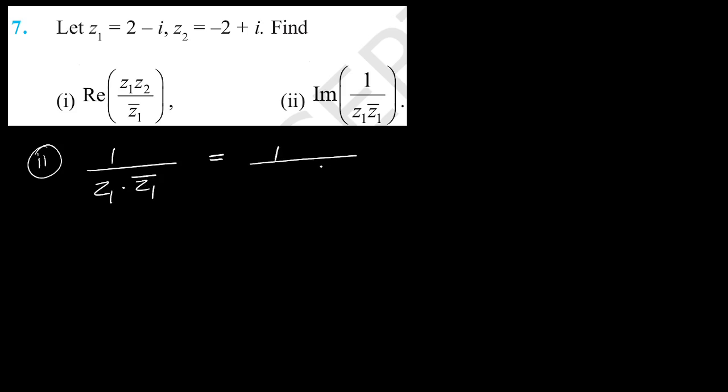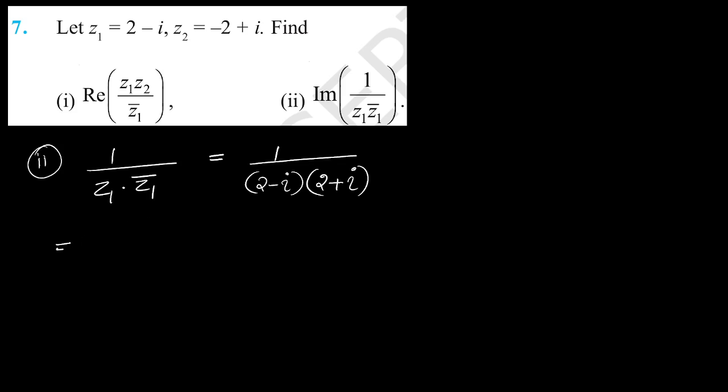What is z1? z1 is 2 minus i. Then what is z1 bar? Conjugate of 2 minus i is 2 plus i. So this is 1 by z1 into z1 bar. Is that okay? Aryan, Shivani, Rakshana, Snehal, understood? Please respond. Devasri. Clear? Yes, sir. Okay.